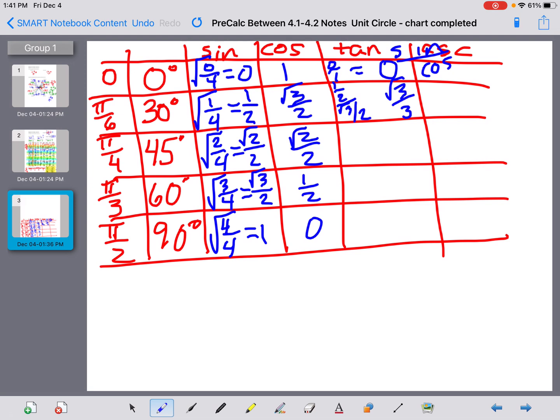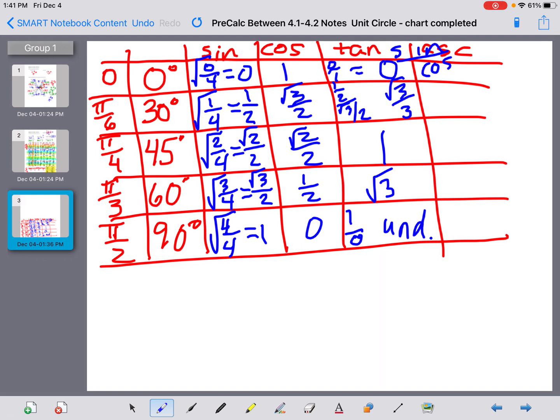I know I didn't show that, but the more you do this, the easier it gets. For my 45 degrees, when I go radical 2 over 2 over radical 2 over 2, it equals 1. For 60, when I go radical 3 over 2 over 1 over 2, the 2's cancel, and I'm just left with radical 3. On my 90, when I do 1 over 0, I can't divide by 0, so I get undefined.